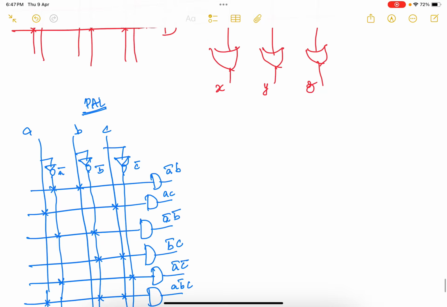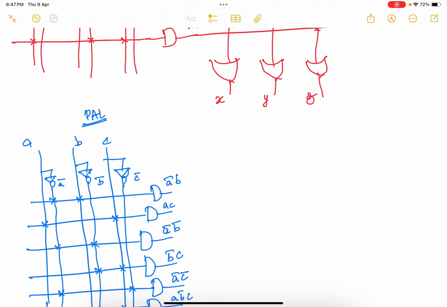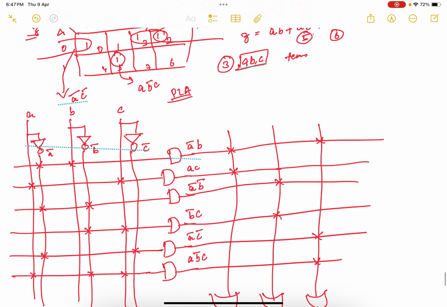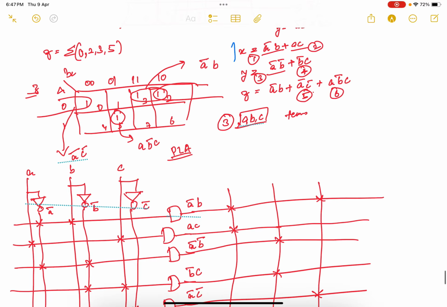So next, I want to make a connection using PAL. So this is now made programmable. Now the AND gate is programmable. We want to go with the OR gate. For your X expression, we already know that X is the first 2 terms of the OR gate.